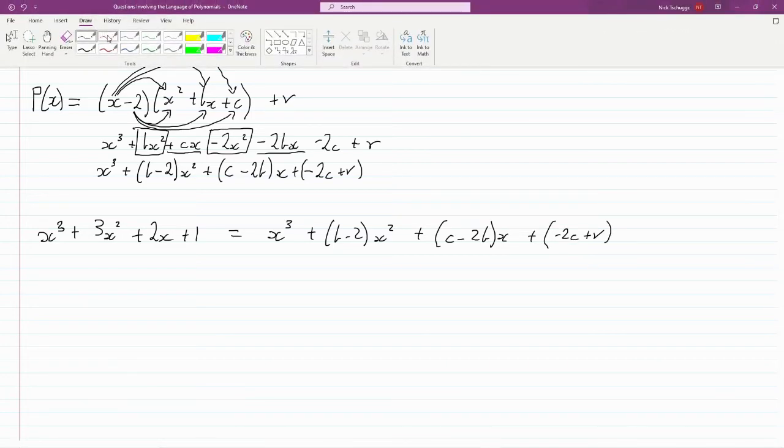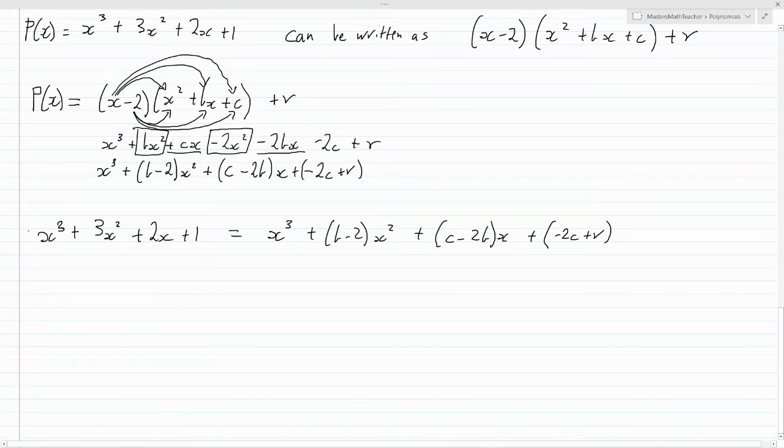Alright, let's equate coefficients. So let's look at our x cubed term. There's 1x cubed here and 1x cubed here. Good, don't have to worry about it. There is no missing variable there, so it's all good. And 1 equals 1. Let's look at our next one, our x squared term.